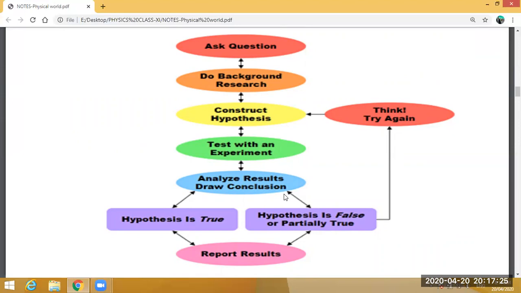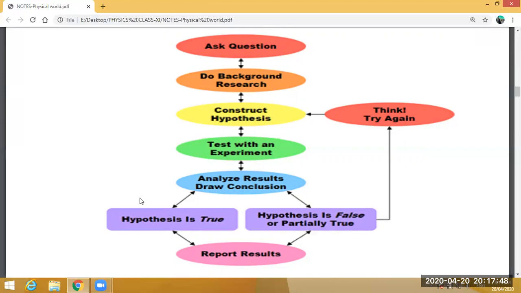The hypothesis that we have made about that phenomenon is either true, partially true, or false. Now report the results.